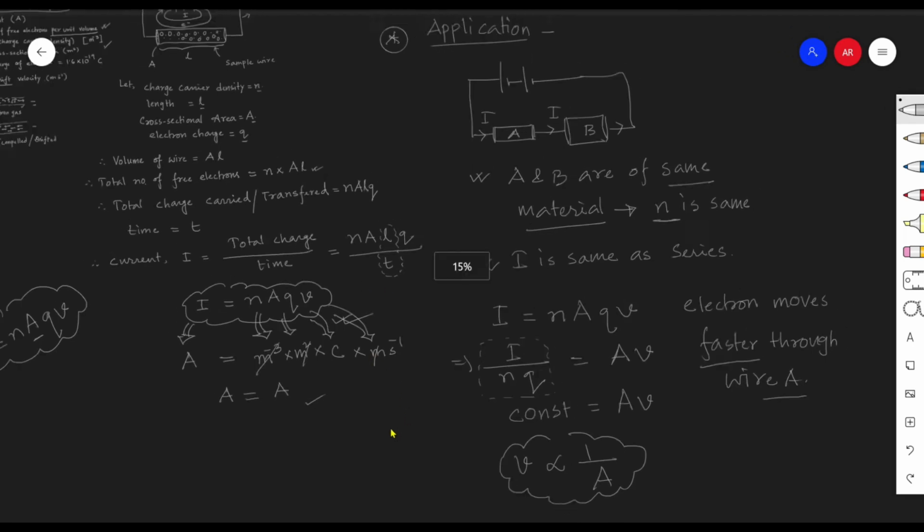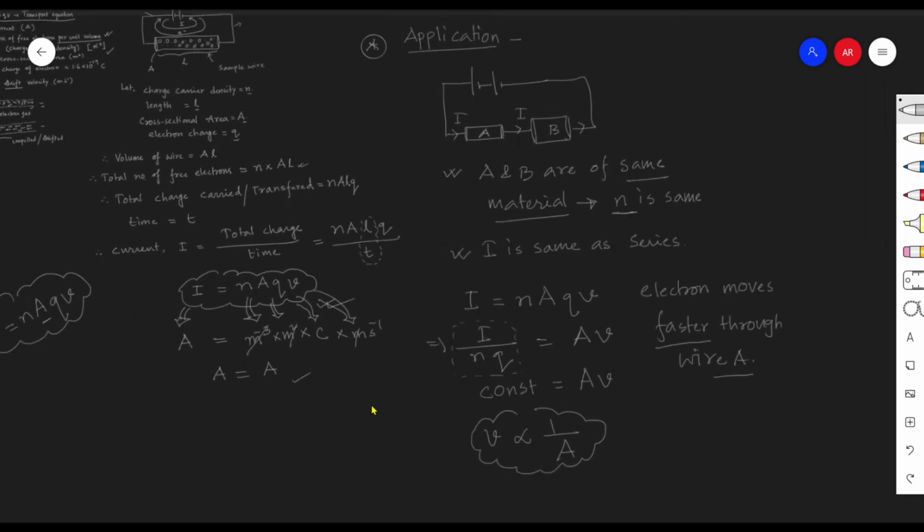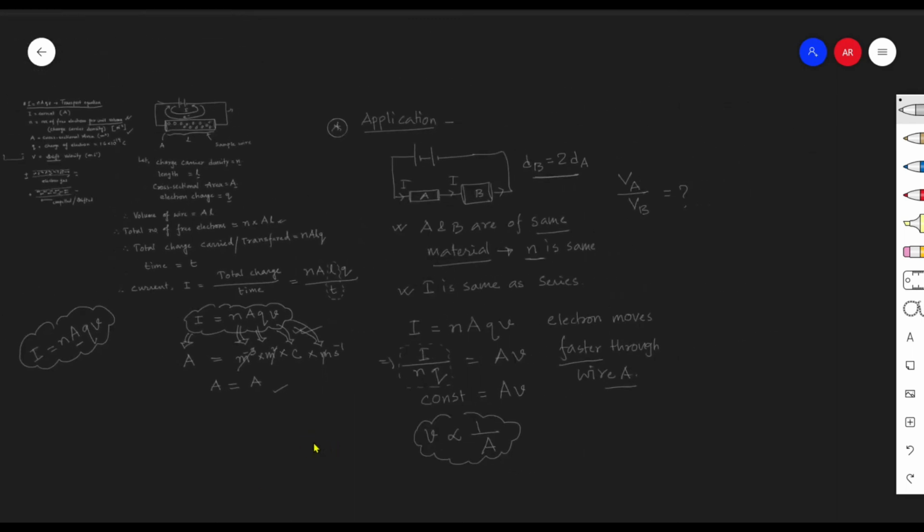All right. You might be required to find out the ratio of this drift velocity, VA by VB, given that the diameter of wire B is twice the diameter of A. If this information is given to you, how do you find out the ratio of the drift velocity through A to the drift velocity through B?